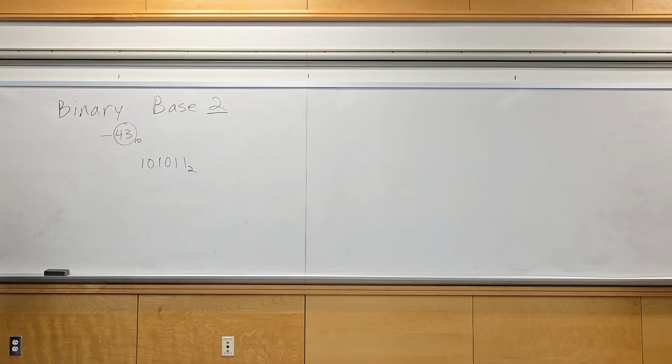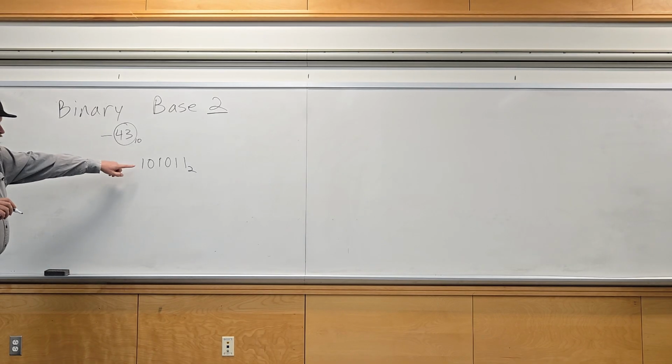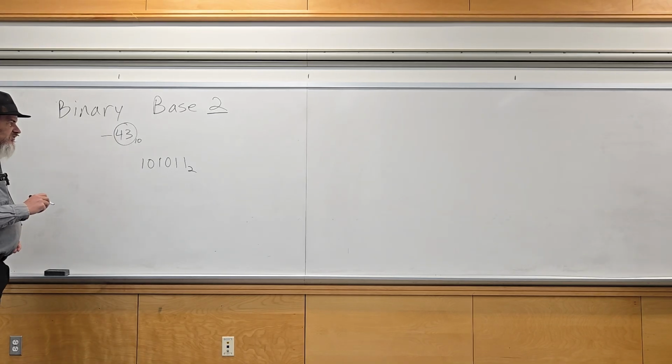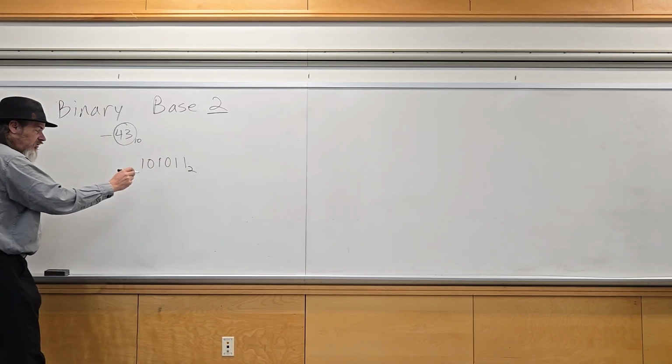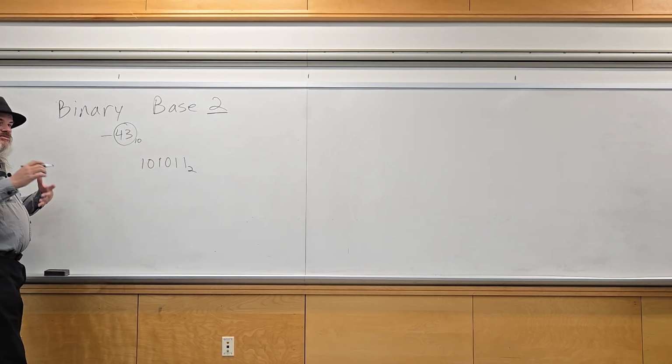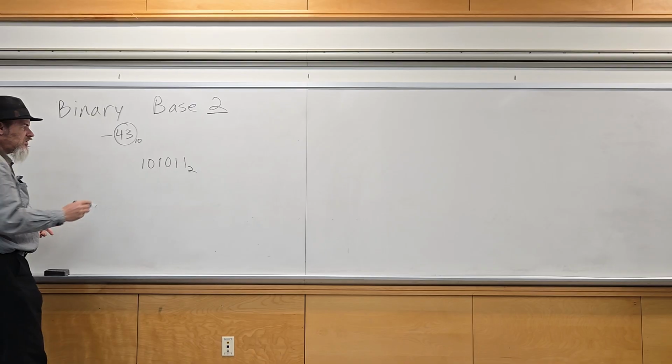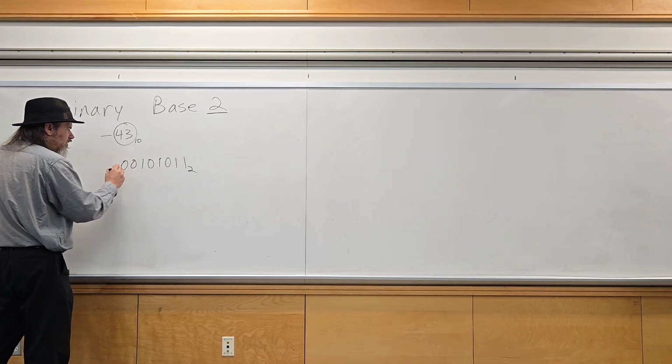Now to do that, you have to use an even number of 8 bits, or even number of bytes, in the representation. So here we have 6 bits. To make it a full byte, add 2 leading zeros.